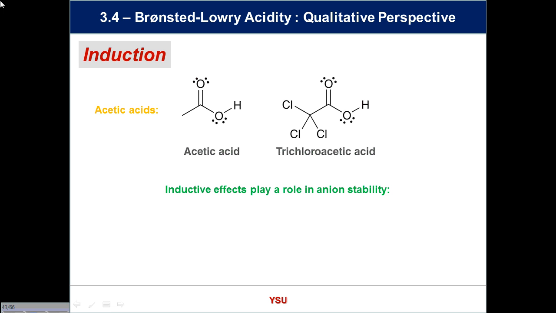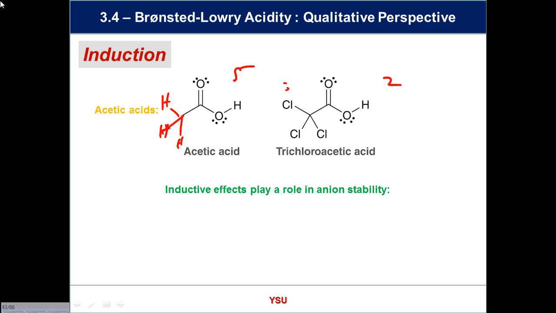Induction. Induction is something you haven't really thought about before, but it's something that's logical if you understand dipoles. If we think about here, the pKa of this guy is 5, and I think the pKa of this guy is about 2. There is a difference. The one on the right is more acidic. And the reason we could argue it's more acidic is the presence of the chlorines. We have swapped out hydrogens from this molecule, and we have made it more acidic. So it's all about electronegativity, right?